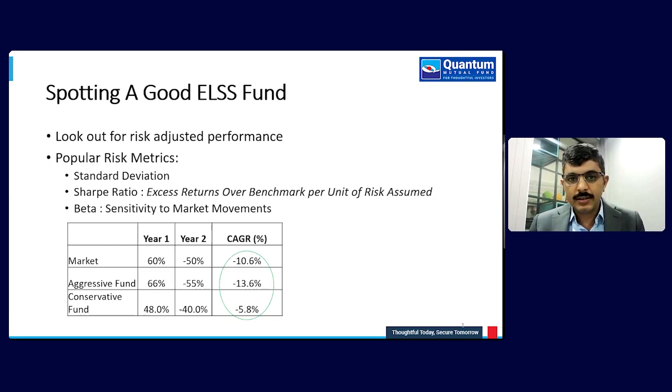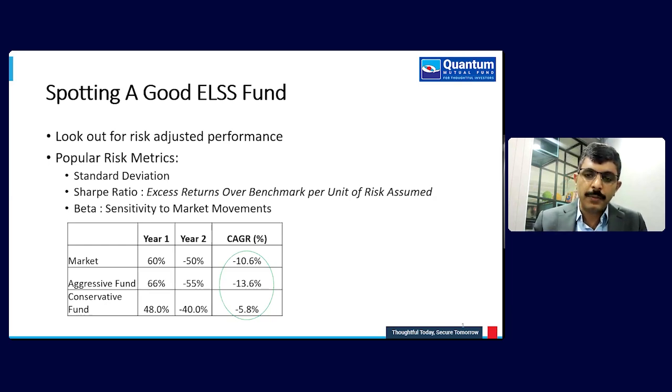A fund with fairly low standard deviation, or low volatility, would ensure that over the long term, even if you have a fairly balanced performance, there is a very high chance that the fund could make sense on a risk adjusted basis. Even if you get slightly lower returns than the top performing fund, since you are earning that return with a much lower risk profile, it makes sense on a risk adjusted basis.